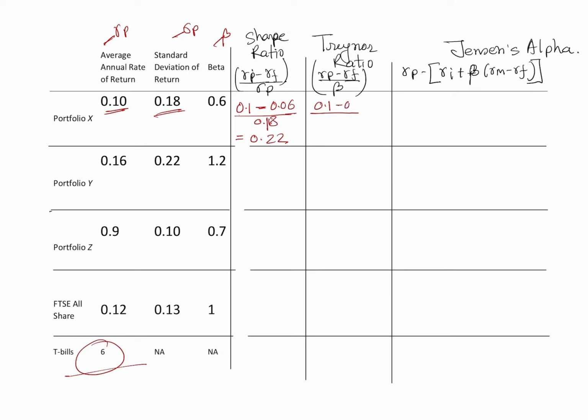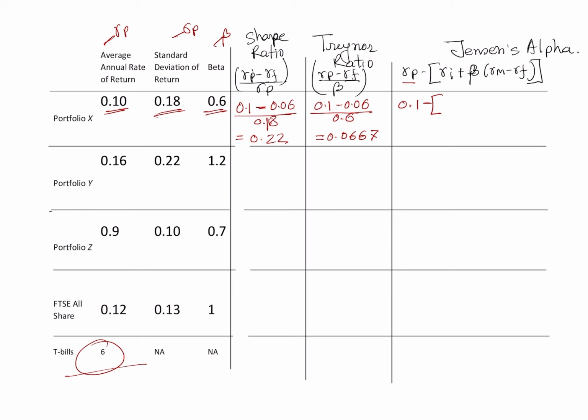For the Treynor ratio, this one is 0.1 minus 0.06. Instead of 18%, instead of sigma, we need to write down beta, which is 0.6. And we get 0.0667. Now, for Jensen alpha, we got Rp, which is 0.1, minus, now write down the CAPM formula.